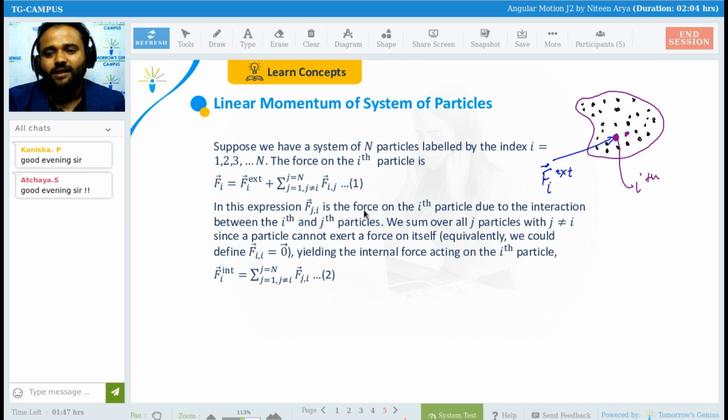So due to this disturbance, there is an effect on the other particles, with j equals 1 to n. Got it?